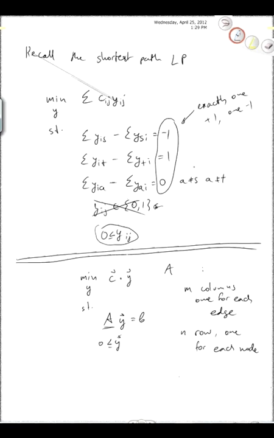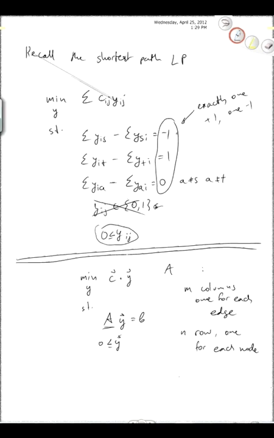So now we know for a fact that if we solve this linear program using simplex, the answer we get out has to be an extreme point, which means that all of its coordinates have to be +1s or 0s. Before we end this discussion, I have one more thing to point out.